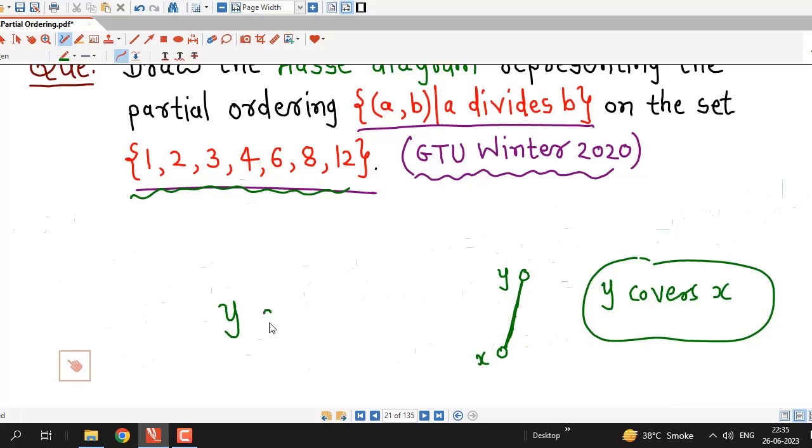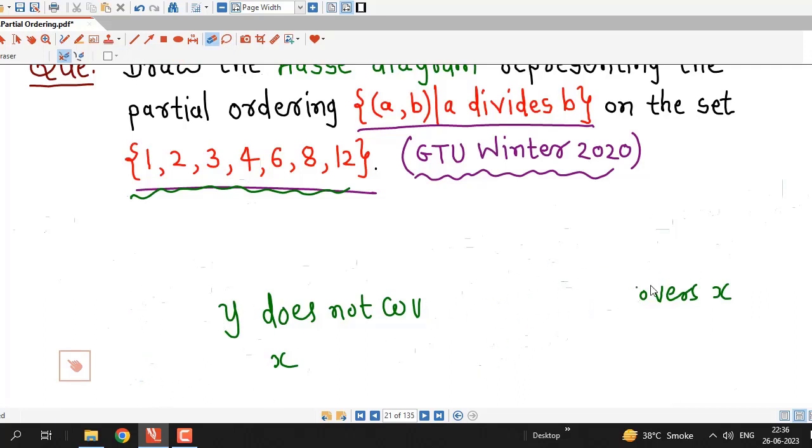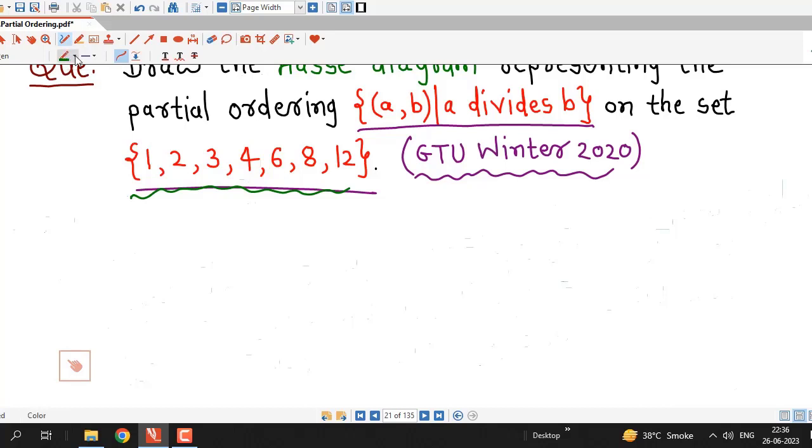If y does not cover x, then we will not draw a line between x and y. We will simply represent them by x and y. However, they will be connected by some other arrows or other lines. So remember these 3 points for drawing the Hasse diagram. Each point is represented by a small circle or a dot.